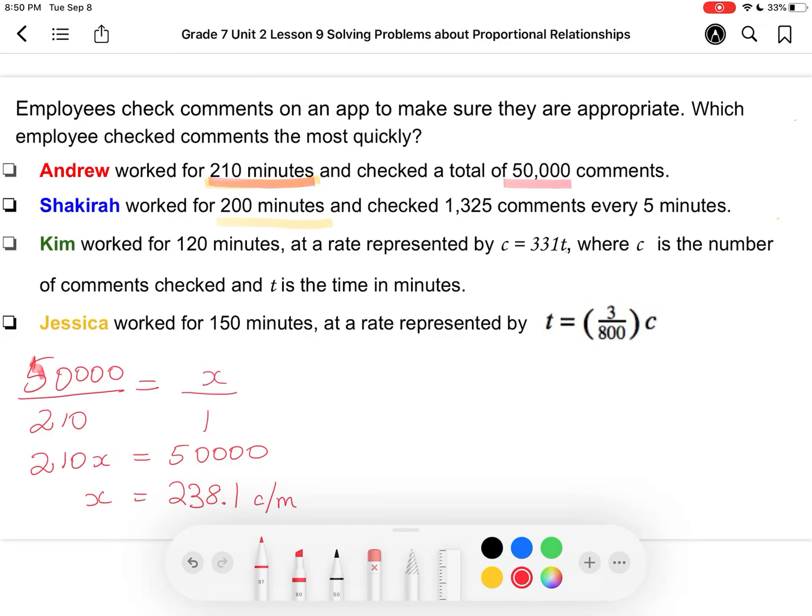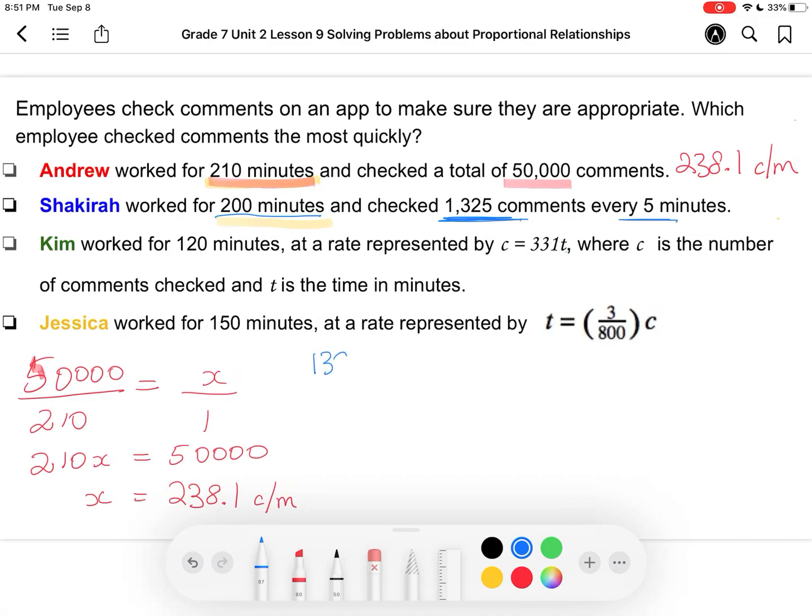I'll just note it like that. So Andrew, 238.1 comments per minute.